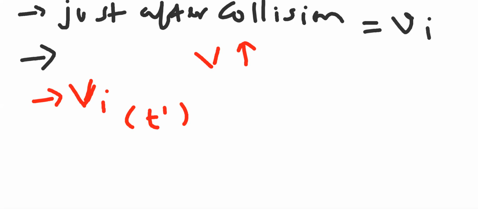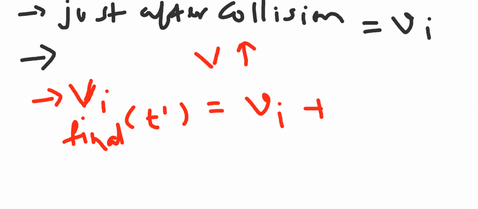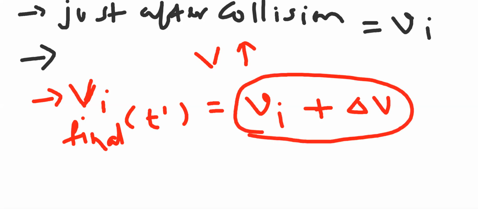So this final velocity of the electron is equal to the initial velocity, in the absence of field, plus some velocity change after collision, and we are taking that as positive. So obviously, the change will be positive.